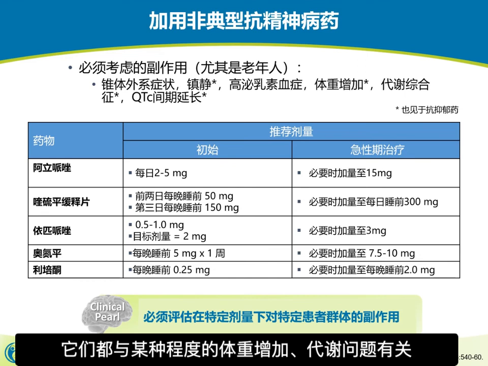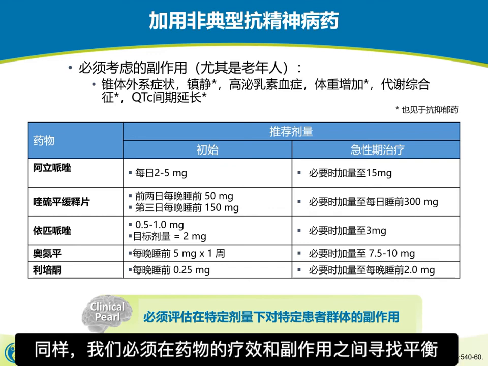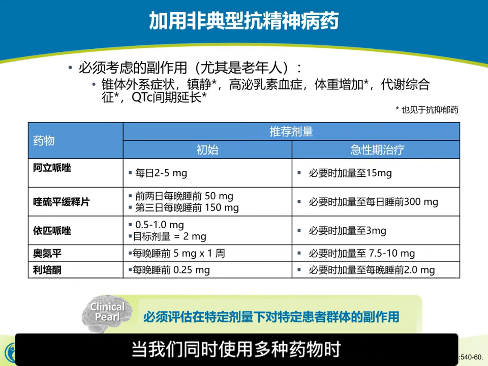They're all associated with some degree of weight gain and metabolic syndrome compared to antidepressants. And for some medications, you need to consider the risk of QTc prolongation in some patients with risk factors. So again, we have to balance the efficacy of these medications with the additional side effect burden of using more than one medication.